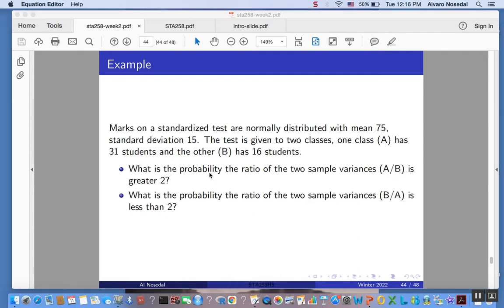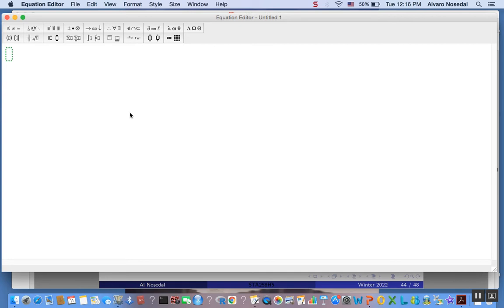So let me write it down like this. What we want to compute, to find, is the following probability. Probability that the following ratio, let's call it S sub a squared over S sub b squared.